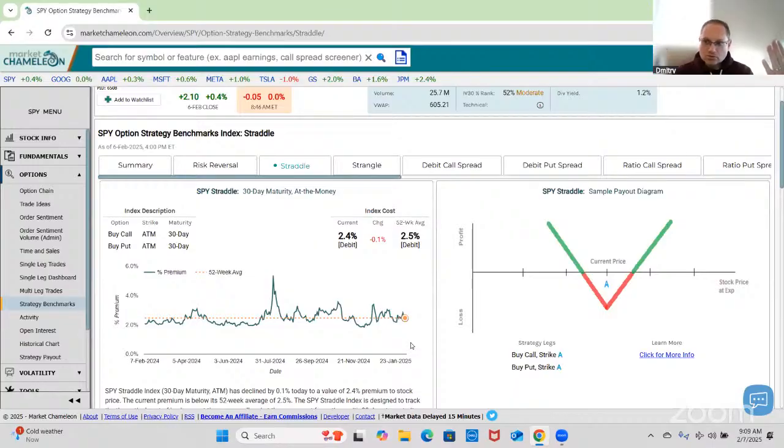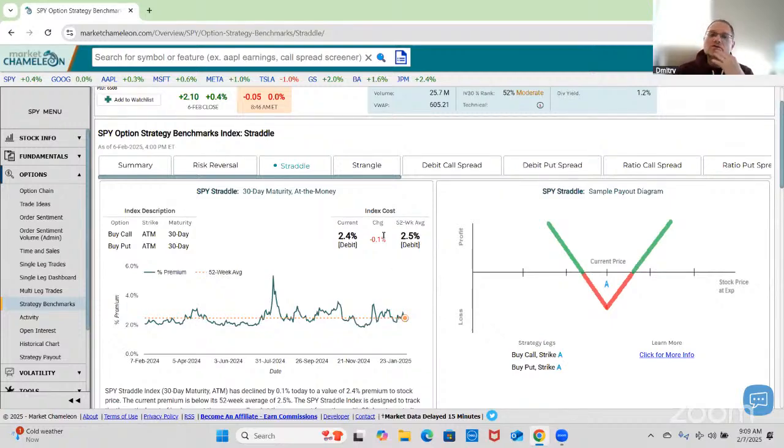So what we do, just like the VIX, we use a formula to come up with a synthetic 30-day straddle based on the surrounding data, whatever the options that straddle, the expirations that straddle 30 days and the options surrounding that, the monies.